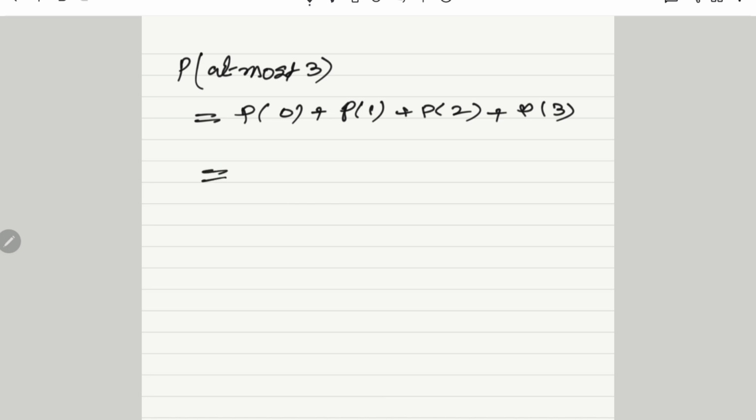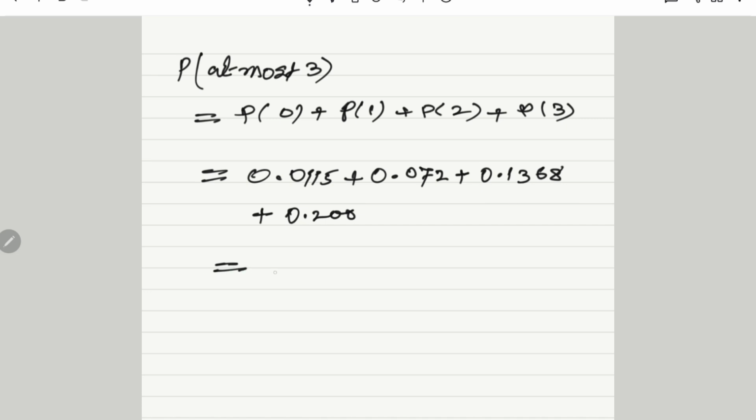And therefore, substituting values, P of 0 is 0.0115, P of 1 is 0.072, P of 2 is 0.1368, and P of 3 is 0.200.